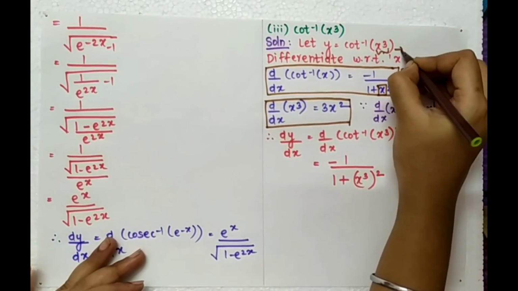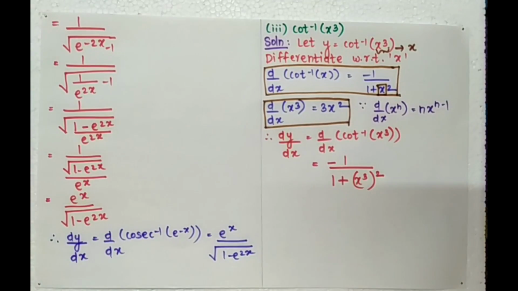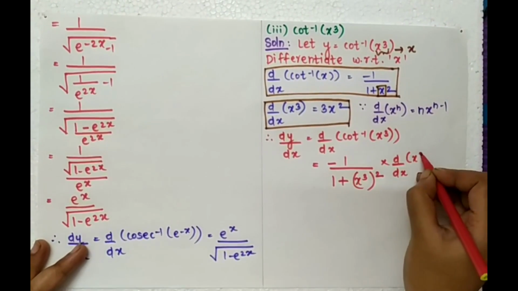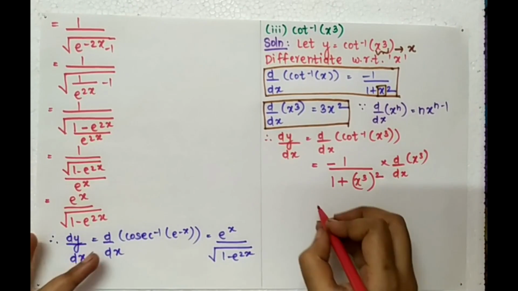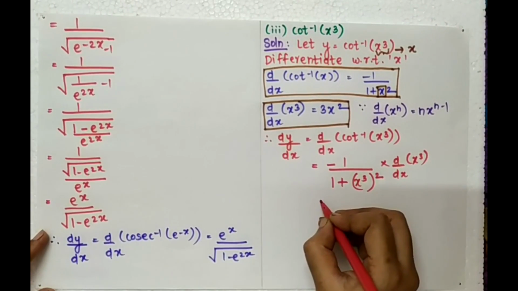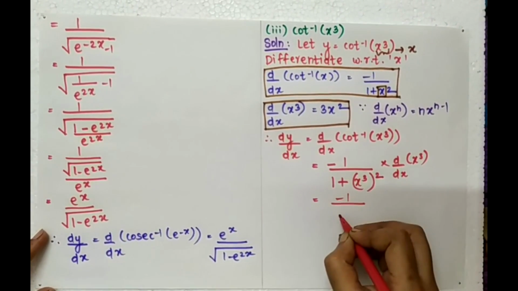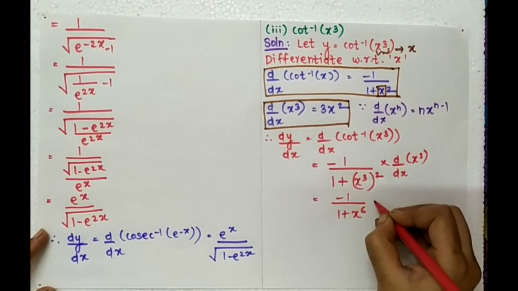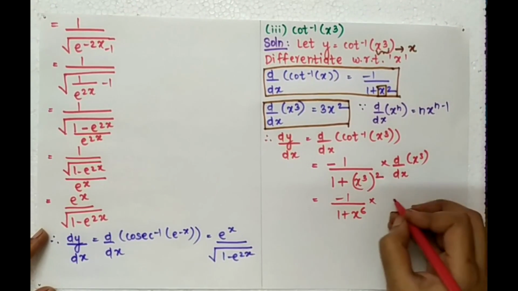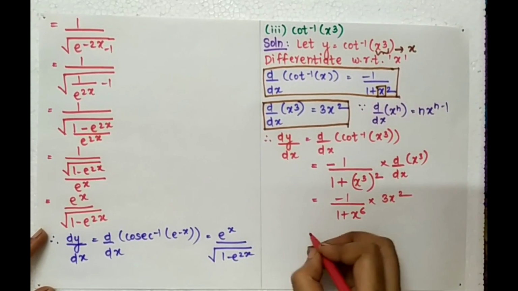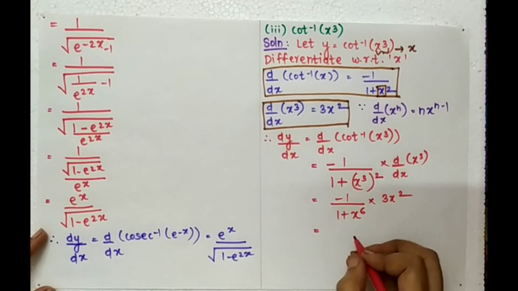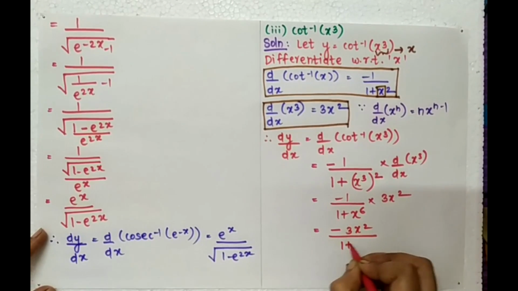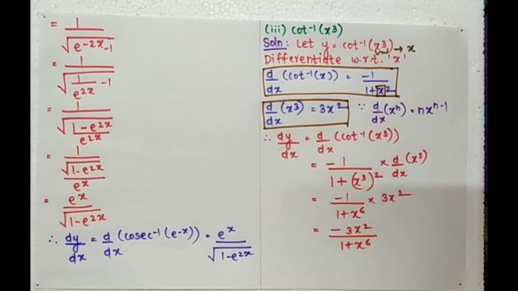Here our x is x cube, into d by dx of x cube, because this is a composite function. So this is equal to minus 1 upon 1 plus x raised to 3 into 2 is 6, and derivative of x cube is 3x square. So the final answer is minus 3x square upon 1 plus x raised to 6.